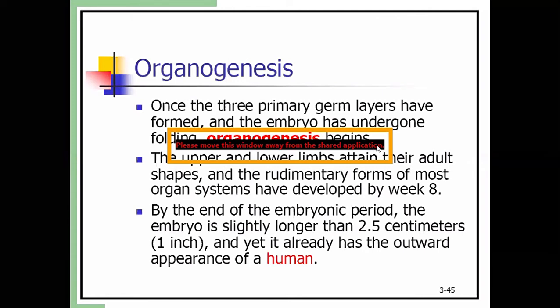You have 3 primary germ layers. So as I've said, you have your ectoderm, mesoderm, endoderm. Once na-form na ito, you will have the progressive development of the fetus, becoming now, we have now the development of the different organs. Okay?